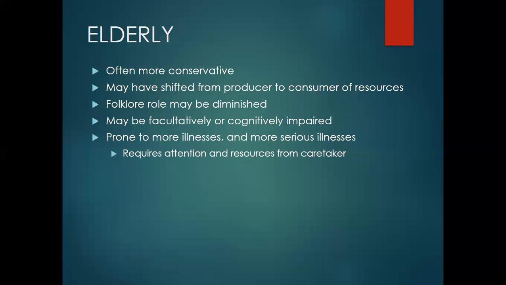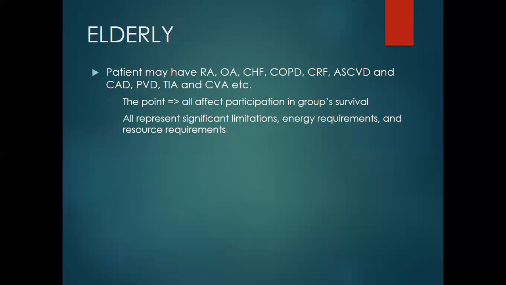Whereas when people are younger, they can take care of themselves or have one person that they're with, or other family members that can help that way. But it's not normally looked at as with elderly, which is a long-term chronic type condition. So again, in elderly, we see an increase in different disease states, from different types of arthritis, rheumatoid or osteoarthritis, congestive heart failure, and the others that are listed here.